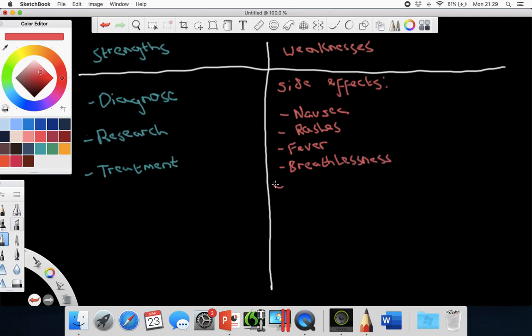And they can also include things like headache. Now this is mainly because it's our body trying to reject the mouse proteins. So all these side effects are due to the body rejecting mouse proteins.